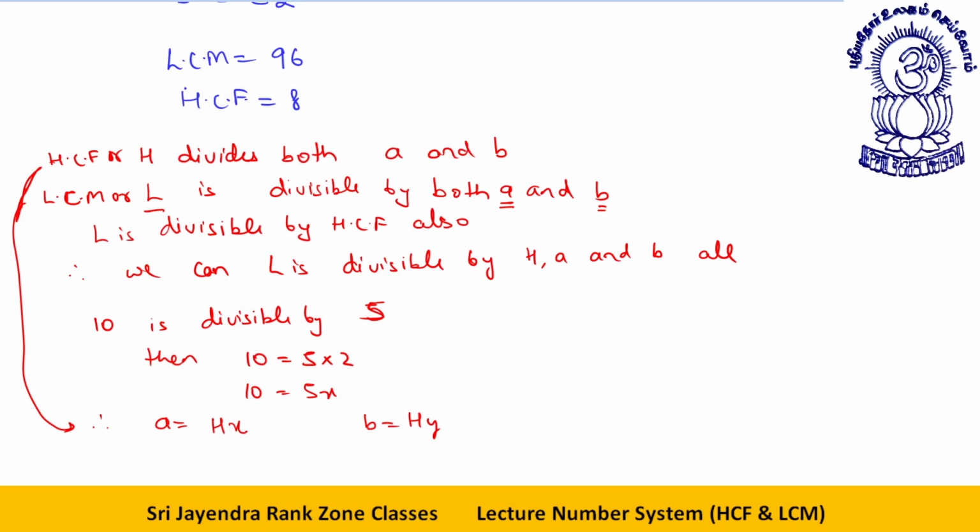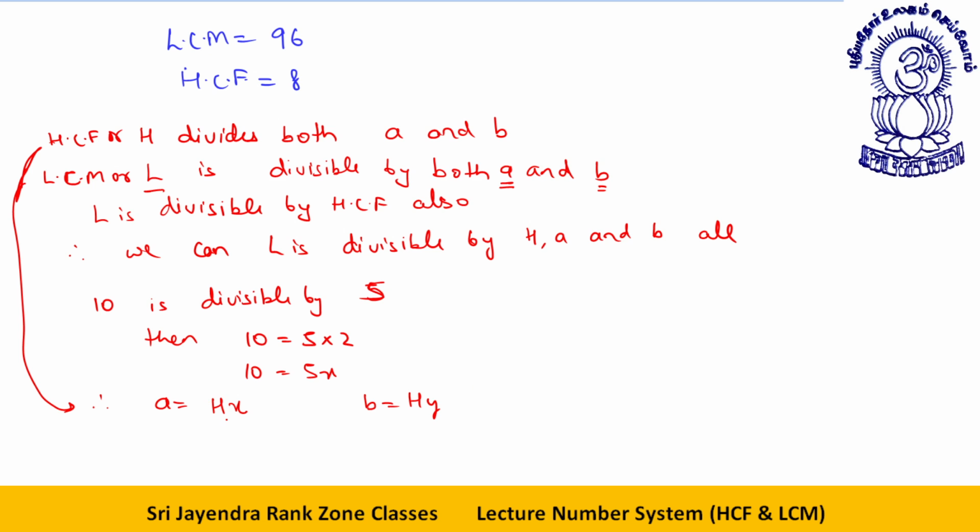Now is the most important thing. See, HCF is the largest number which divides A, as well as HCF is the largest number which divides B together. See, try to understand. H is the largest number. This is the most important. This is the core of this concept.